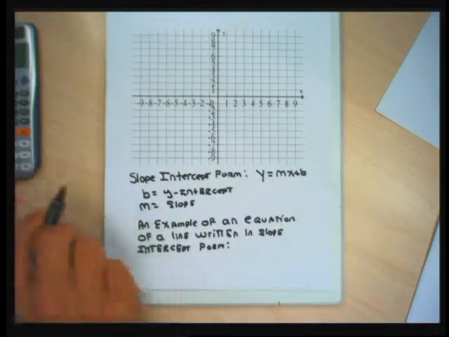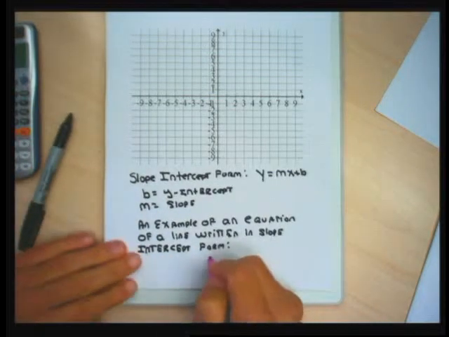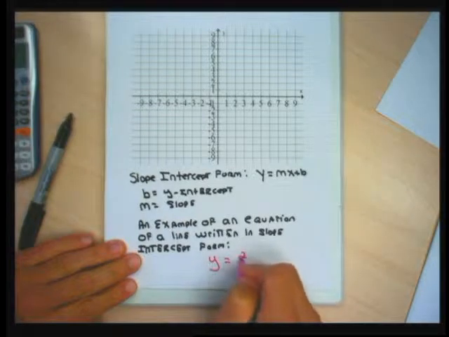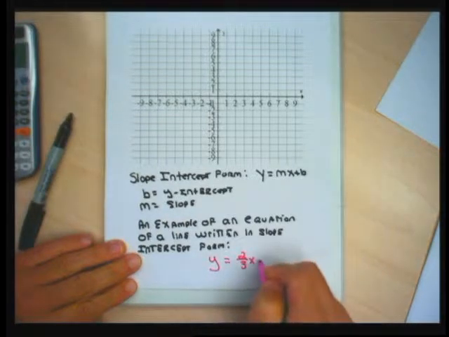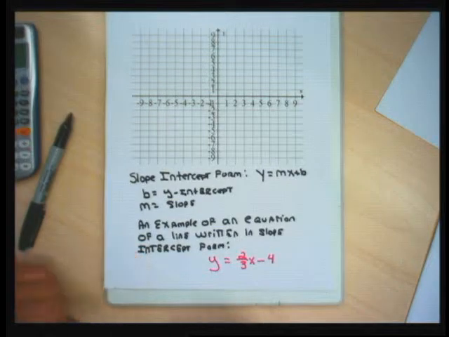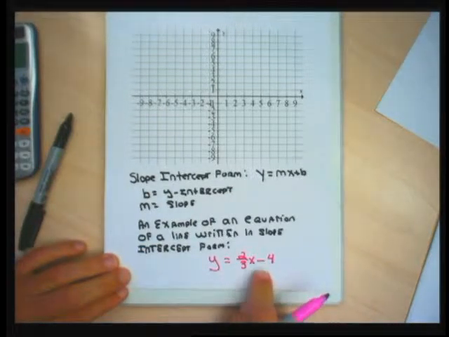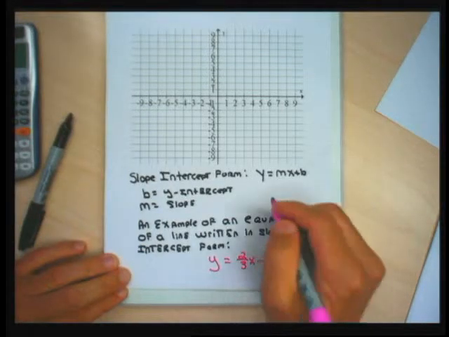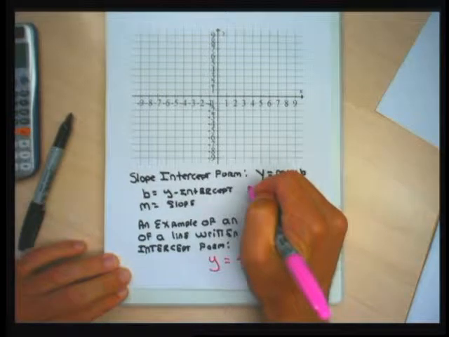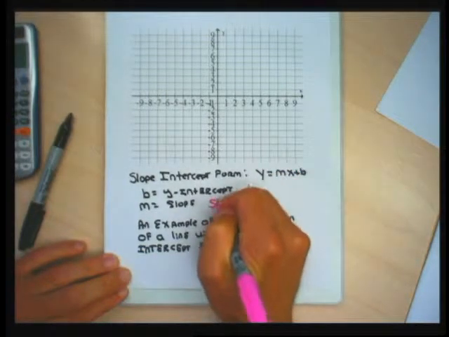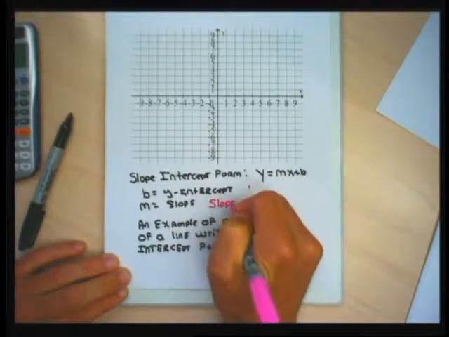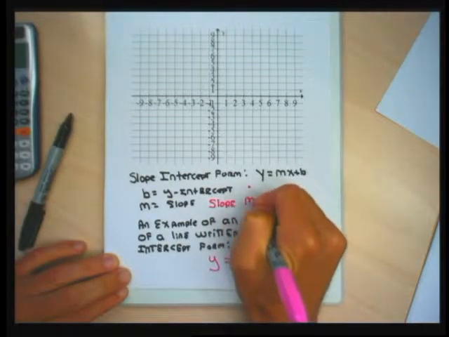I'm just randomly making this up: y equals 2/3 x minus 4. When I see an equation of a line that's written in slope-intercept form, meaning it's solved for y, and I have a number times x and then a constant, I know lots about the graph. Very specifically, for this, I know that the slope of this graph is going to be 2/3.